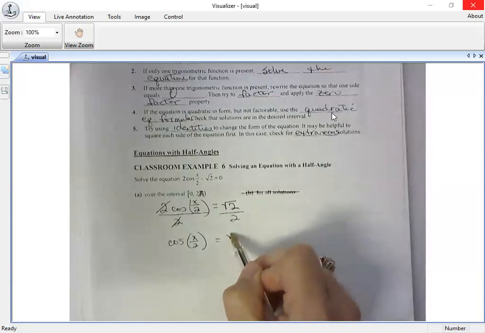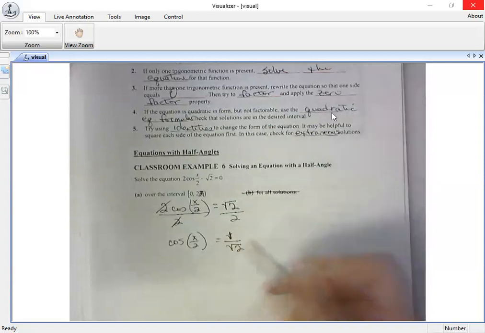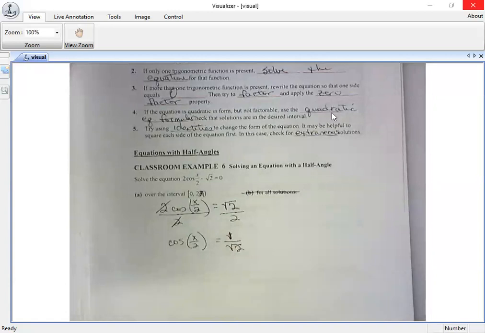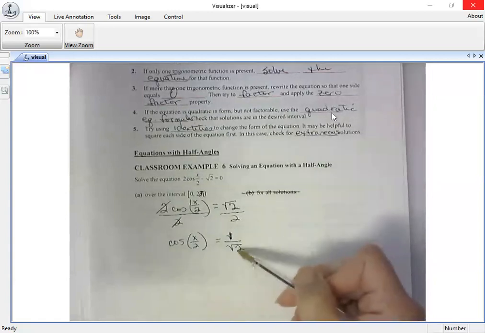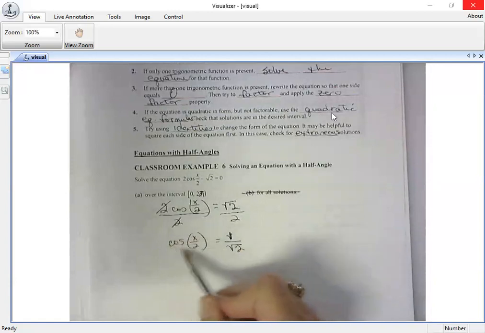Or what would this have been before it was rationalized? Yeah, we might want to write it as 1 over the square root of 2, just because sometimes that makes cleaning things up a little easier in the long run. So you can either leave it that way or you can change it back to what it was before it was rationalized. Now, is there anything jumping out at you about what we probably ought to do here?